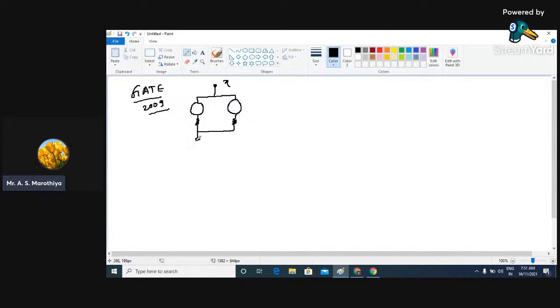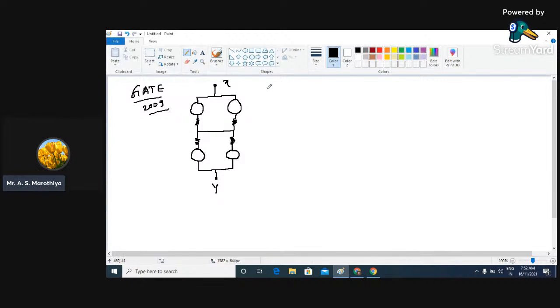And then we have another resistor in series with that one more voltage source, and then another resistor in series with that one more voltage source. And the structure is supposed to be closed like this. So this point is going to be the Y terminal.